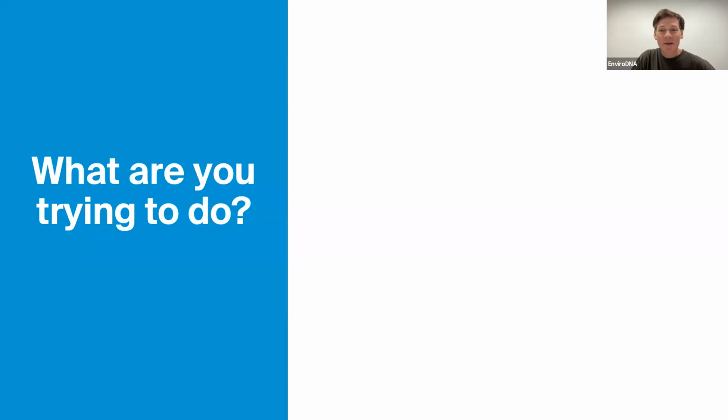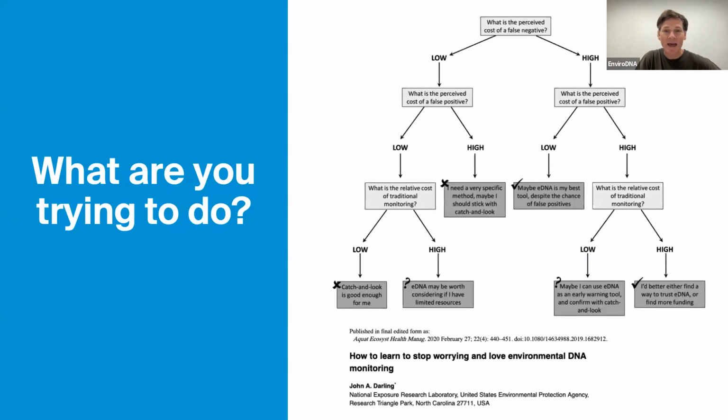So I would encourage everyone who has not already read it: we in the eDNA field are particularly fond of an article by someone outside of the eDNA field, initially John Darling from the US EPA, where he argues that there are fewer differences between eDNA and traditional monitoring than people would often argue, but also that it needs to be evaluated closely and as one of many tools in a monitoring framework.